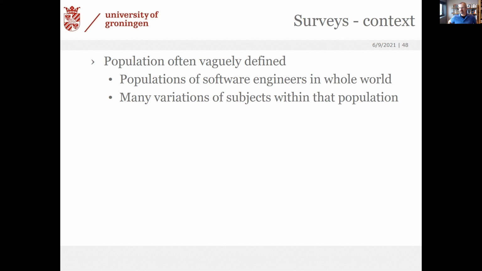This is basically mission impossible. There are a lot of smaller subgroups, people that work in different countries, in different continents, that have a different job description, that have different tasks within the organization. So you need to be as specific as possible with respect to the context. What exactly is the population that you're trying to represent here?